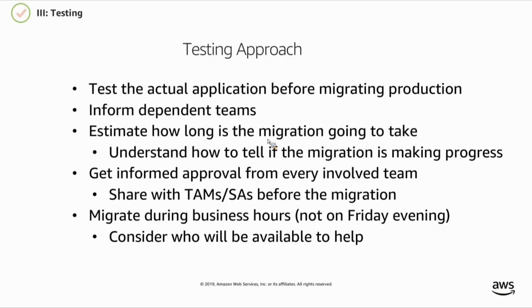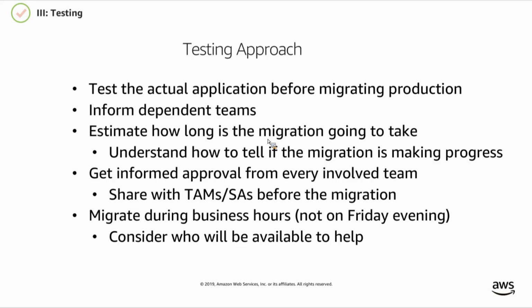This last one has come up several times from talking to customers who had lessons learned. When we think about migrating production workloads, we usually think about doing it at 2 a.m. on a Sunday night, because it's the time of least impact if something goes wrong. But we've learned from customers that that's often not the right choice.